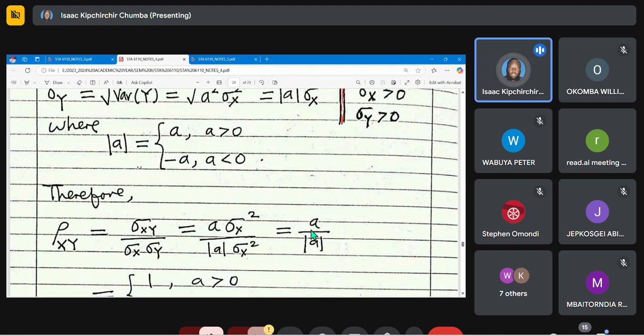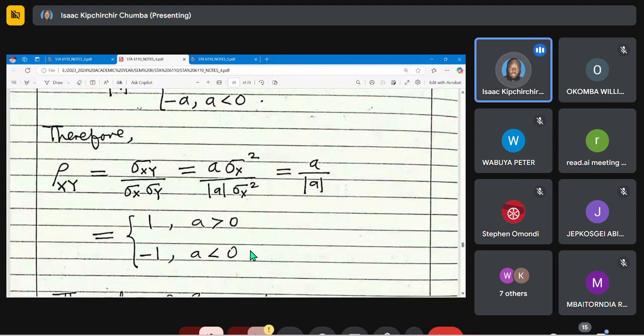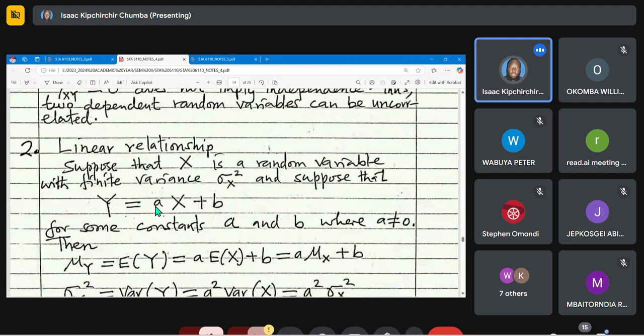So a over minus a is minus 1. So correlation will be 1 when a is positive and minus 1 when a is negative. So when y is a linear function of x, if a is positive, the correlation between x and y will be 1. And if a is negative, the correlation between x and y is minus 1.